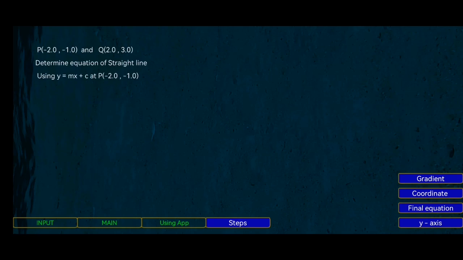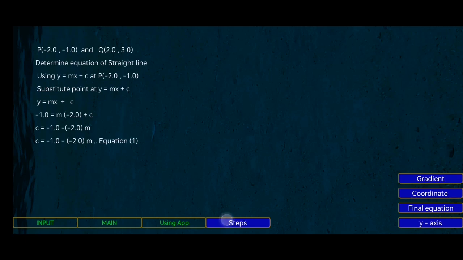And then to determine the equation of a straight line, we're going to use this equation y = mx + c. And then you're going to substitute this point into this equation, then solve for equation 1, and then you're going to use the next point to determine equation 2.